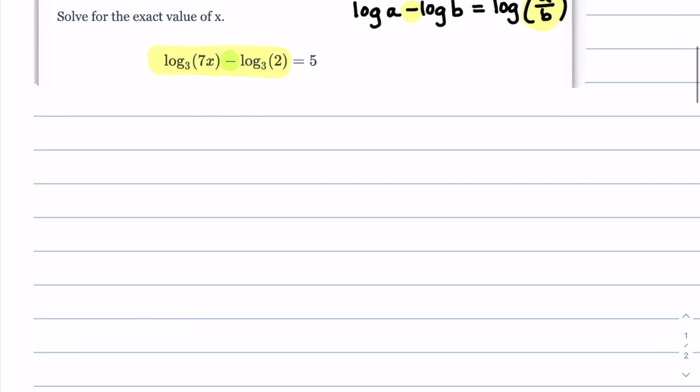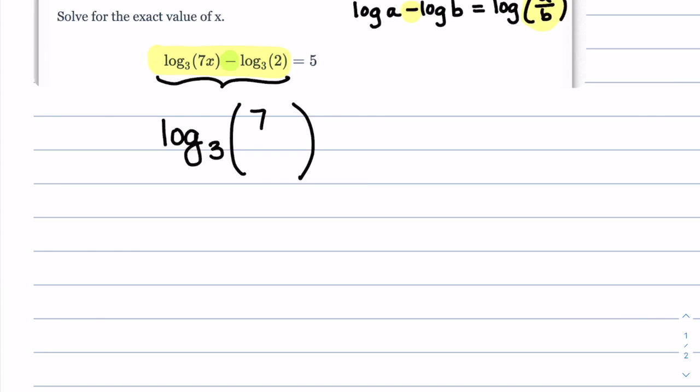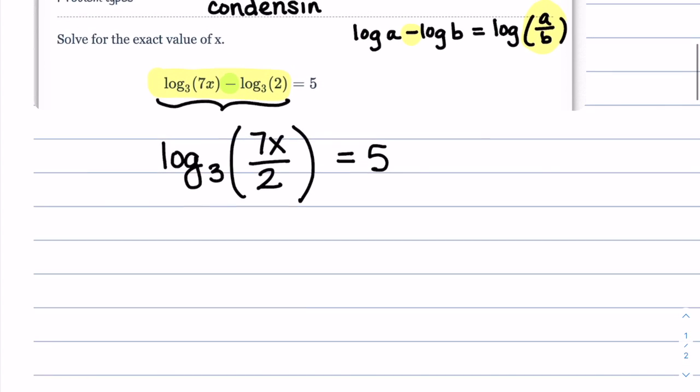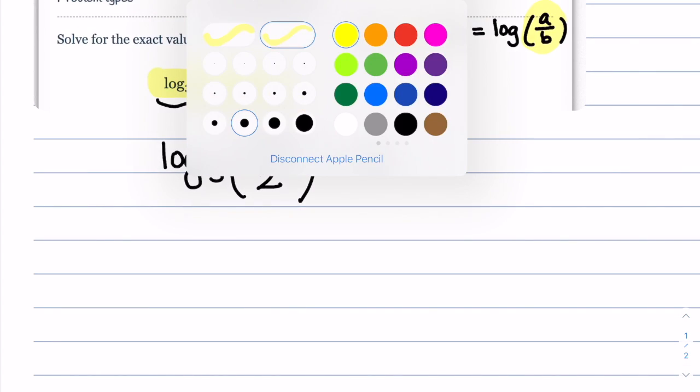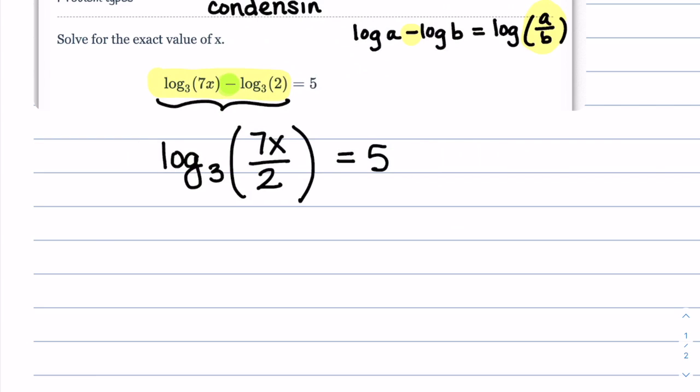So another way to say this, log base 3 of 7x minus log base 3 of 2, would be, so we're going to condense it into just one log now, and that's going to become division. So 7x on top, 2 on the bottom, and then 5. So again, notice how the subtraction turned this into division inside of one log.